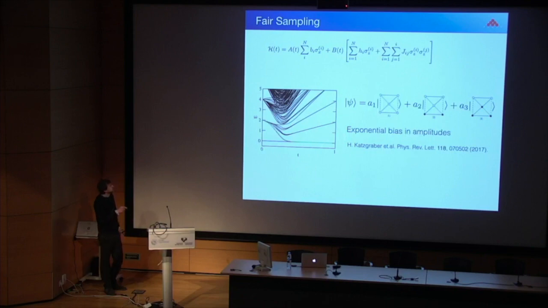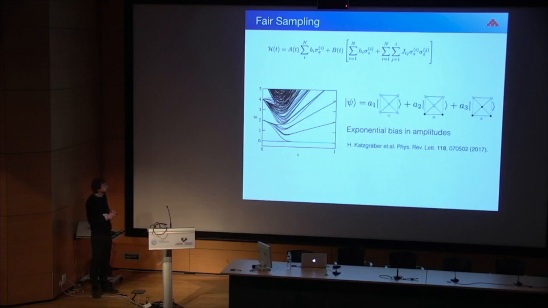Actually, it turns out that this is highly dependent on the dynamics and on the transitions in the system. And this question was addressed by Helmut Katzgraber in a different context, where he looked at a problem called fair sampling, where he looked in optimization problems with degenerate ground states, how the sampling compares to classical sampling.